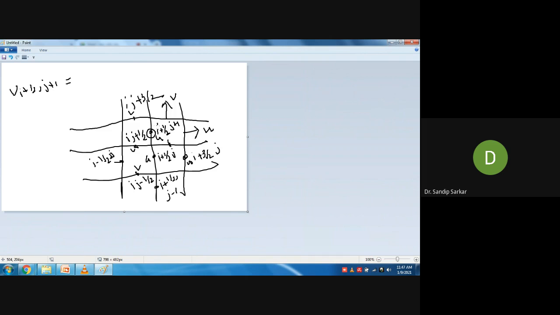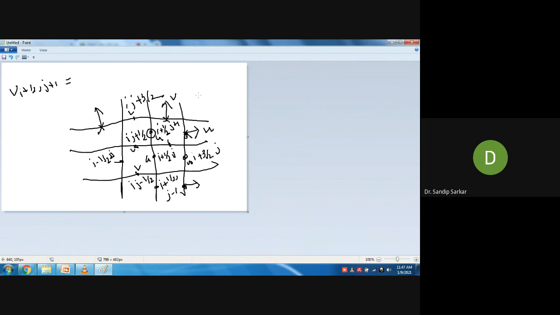Staggered grids means these are the v grid points, and these are the grid points for u. So u is only defined at these grid points, whereas v is defined at those grid points, but u is not defined there. Is that clear?